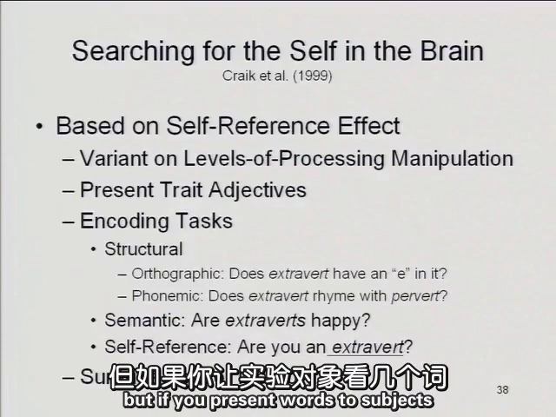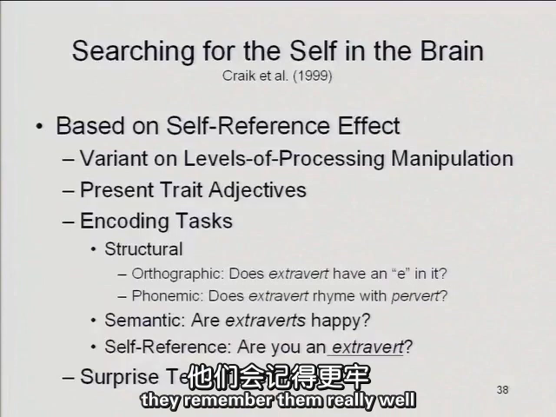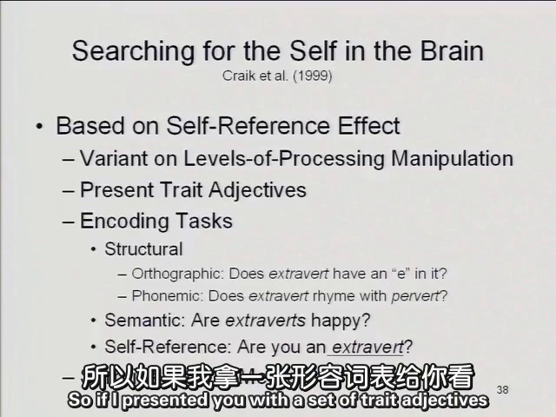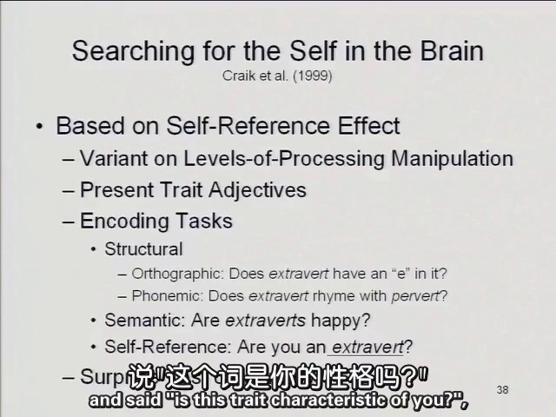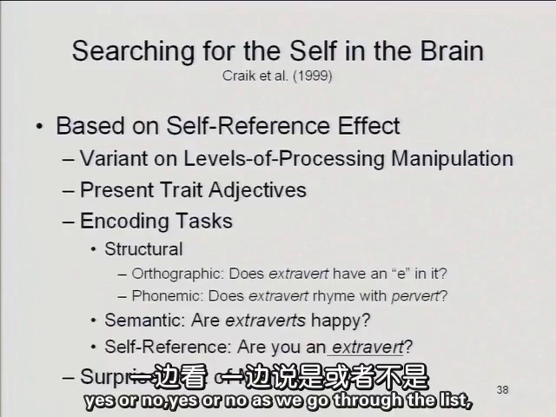But if you present words to subjects and ask them to relate the word to themselves, they remember them really well, okay? So if I presented you with a set of trait adjectives and said, is this trait characteristic of you? You just say yes or no, yes or no, yes or no, as we go through the list.